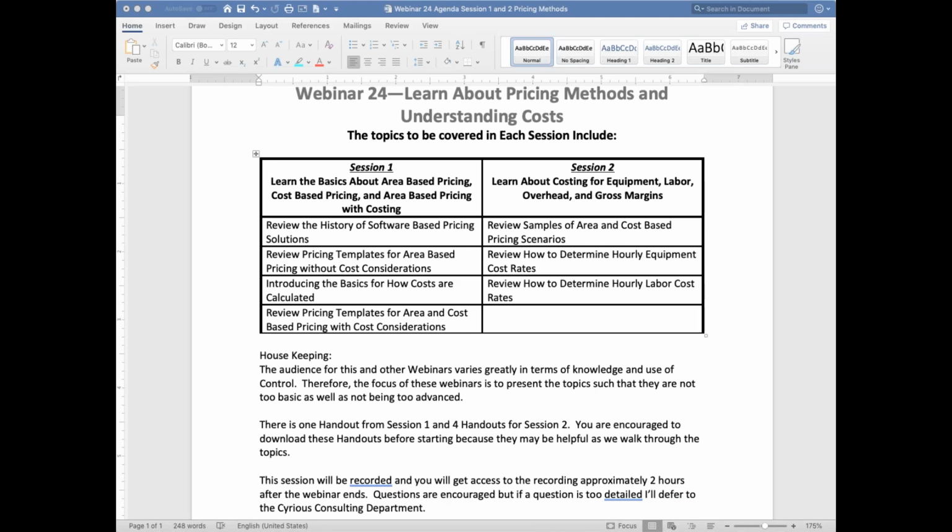Then we'll review a tool you might find helpful to determine what your hourly rate is or should be for the different pieces of equipment you use, and also a separate tool to help you determine what your labor rate cost should be for Control.